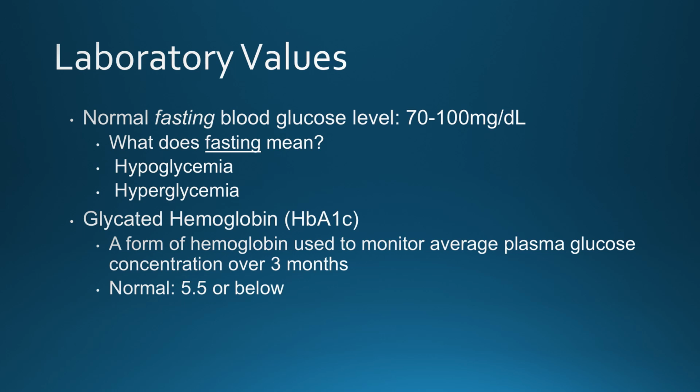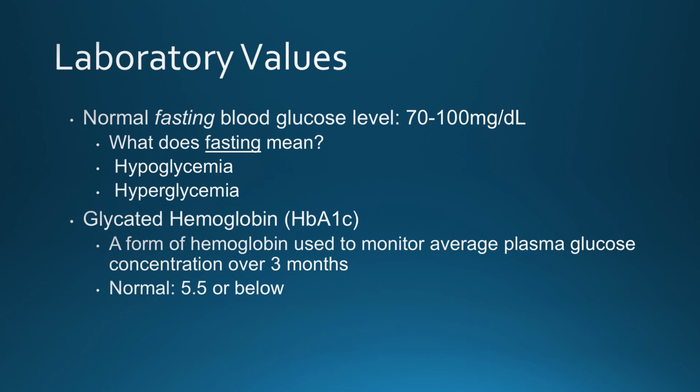When we say fasting blood glucose, we mean that an individual does not eat or drink anything for 8 hours prior to this lab being drawn, which is why in the hospital setting, these labs are drawn very early in the morning, hopefully before the individual has eaten breakfast. Normal fasting blood glucose level, again, is going to differ based on the facility that you're in and what source you are looking at, but typically it's between 70 and 100 or 70 and 110.